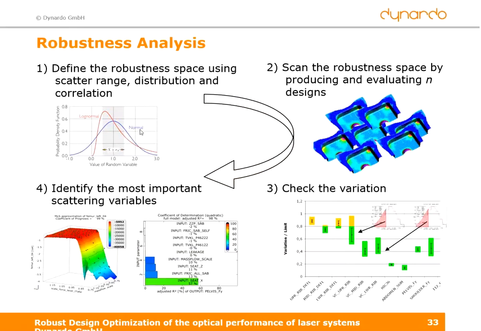To do the analysis, it is very similar to the sensitivity analysis. The difference is that at the beginning you define the robustness space, as I mentioned, that you define your parameters, not only referring to the inputs that you defined in the design space, but you also can add environmental factors and loads. And then you define the scatter range and distribution, and you can also define correlations between inputs.